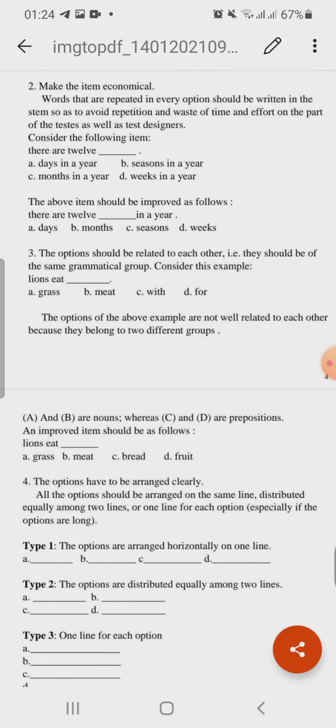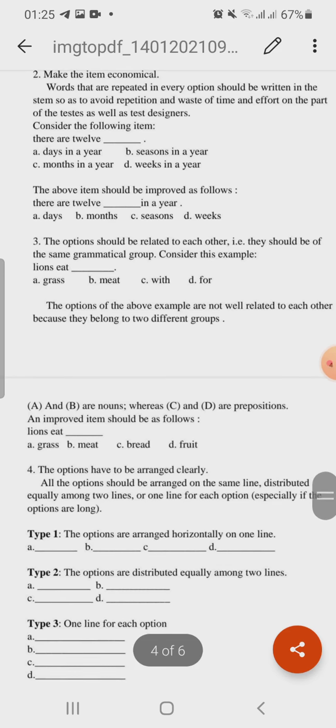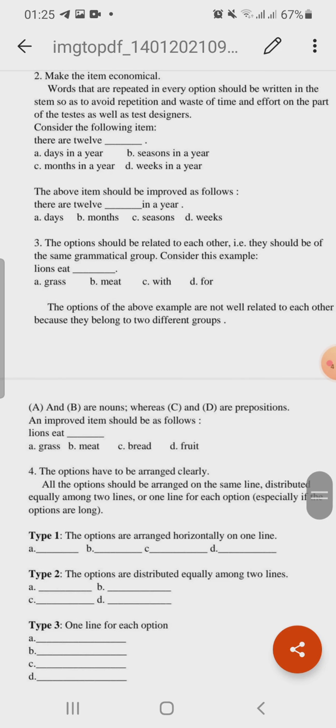Words that are repeated in every option should be written in the stem so as to avoid repetition and waste of time. يعني الكلمة اللي راح تكون مكررة في كل جواب في جميع الفقرات لازم نكتبها مرة واحدة في السؤال، حتى نختصر وما يصير عندنا تكرار ولا وقت ضائع وجهد من قبل الممتحنين.